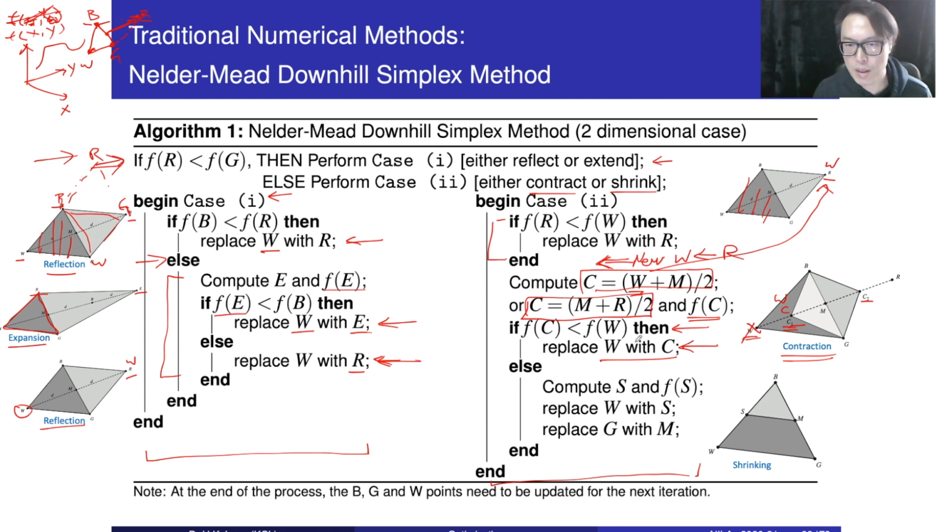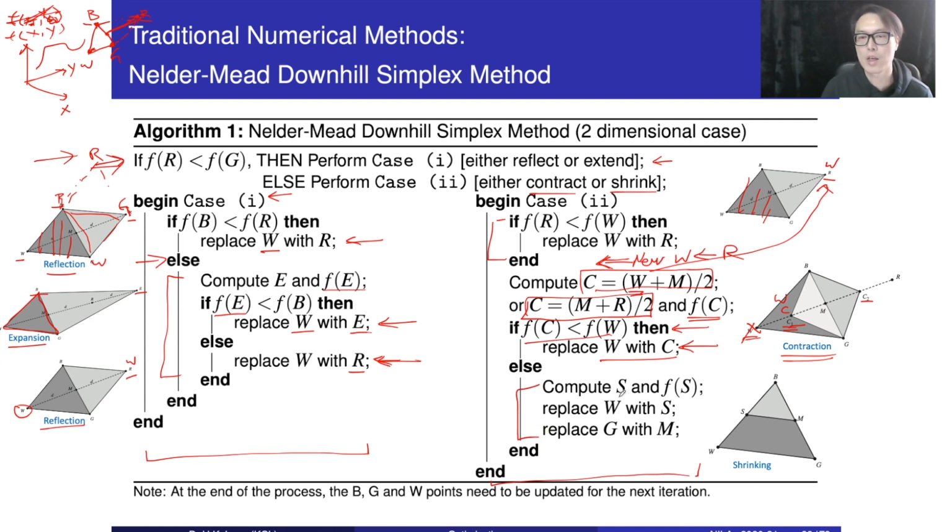Okay. And what about if this condition is not satisfied? It means that the cost of C point is larger than W. So that means when we find out that after all these actions, we cannot find any point better than the worst point, what we are going to do is just the last resort.